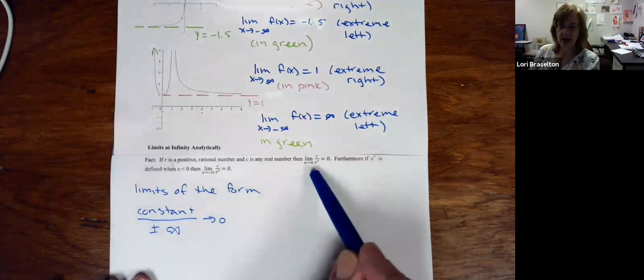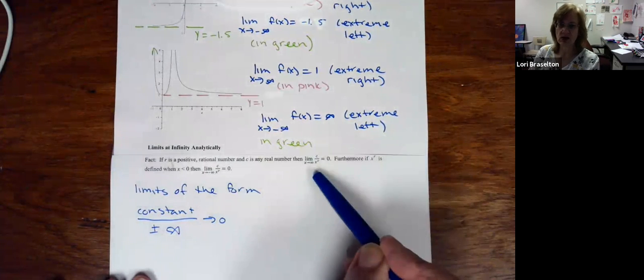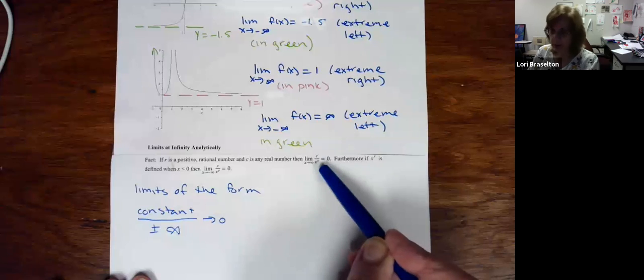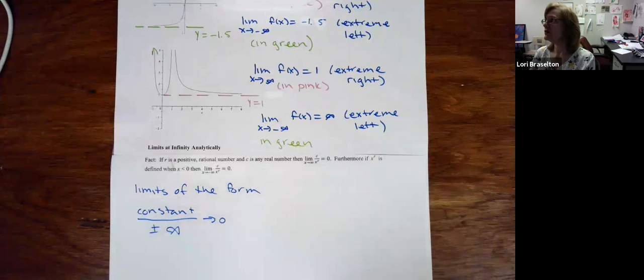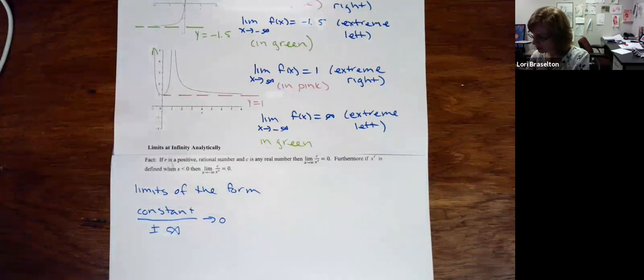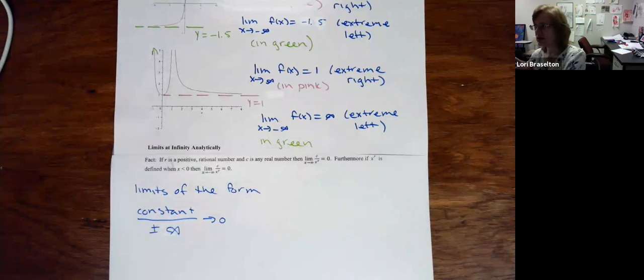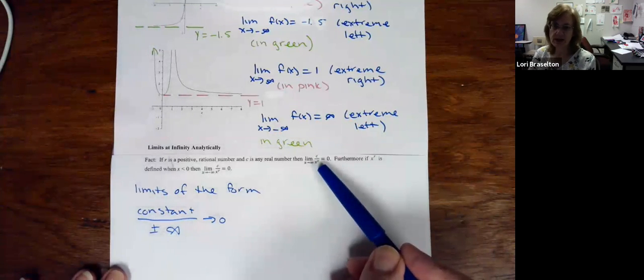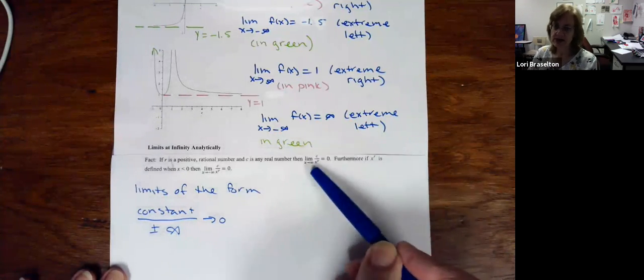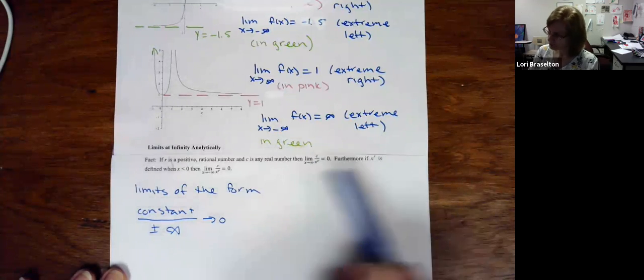If I take the limit as x approaches infinity of C over x to the R, if I plug in infinity, it's just a fact that as x goes to infinity, any exponent you raise it to, R being a positive exponent here, it's still infinity. The square root of infinity goes to infinity. Infinity squared goes to infinity. The cube root of infinity goes to infinity. So if I think about substituting in there, I would have a constant over infinity that always goes to 0.